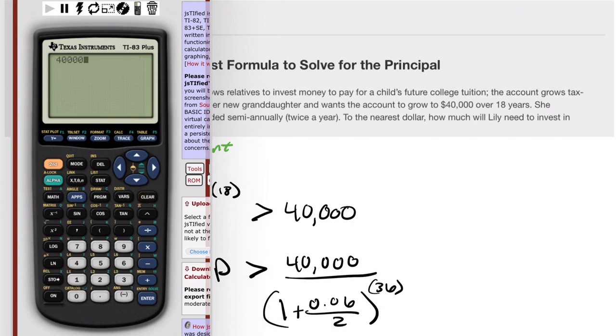1, 2, 3 divided by, we got 1 plus 0.06 divided by 2. Okay, and I'm actually going to insert another set of parentheses right here.